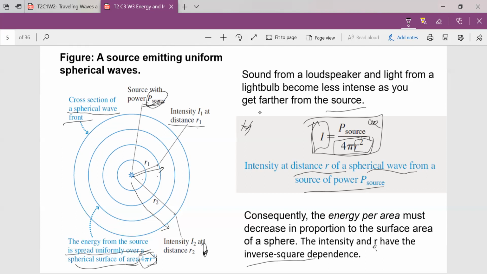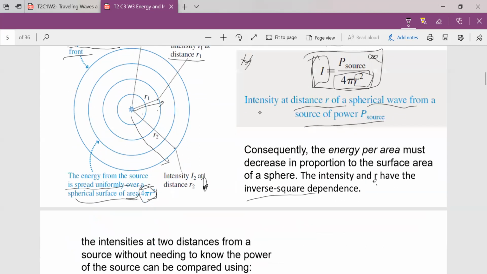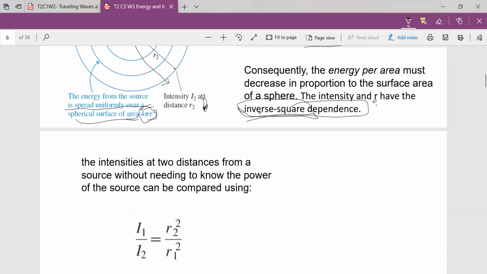Okay, so we said as it goes further, it becomes less intense, and that relationship is the inverse square dependence on the distance.